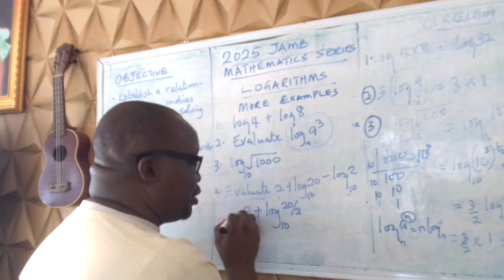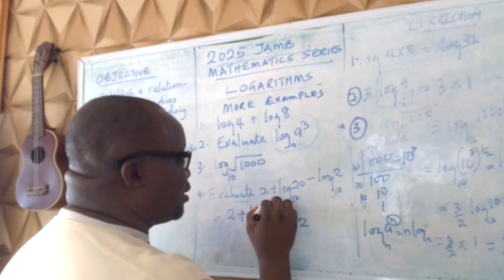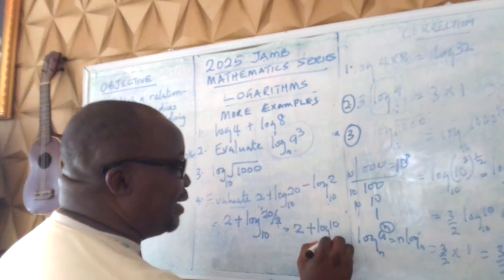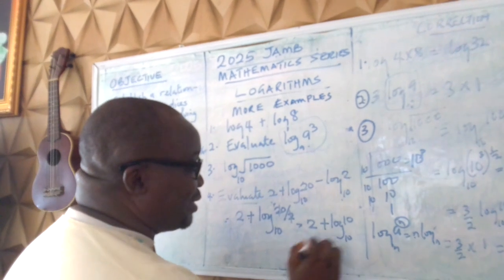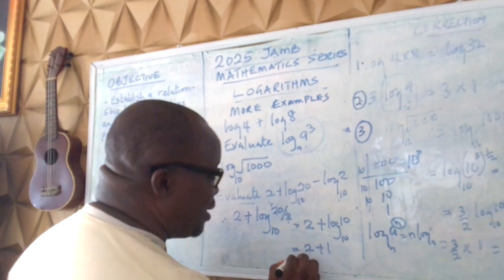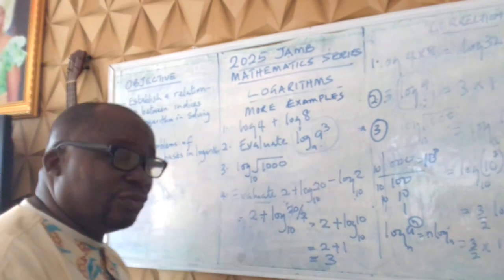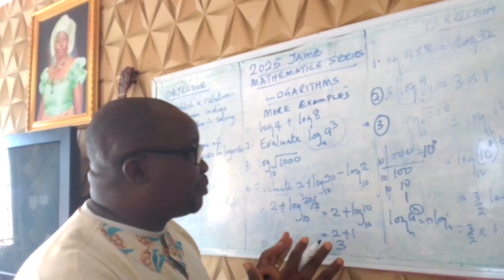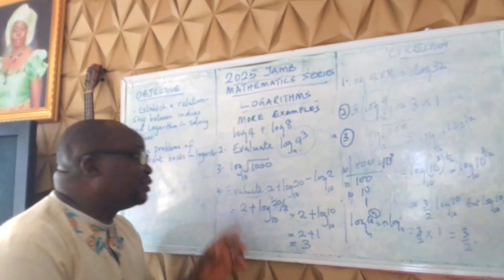So that continues here. I have my 2. When 2 cancels 2, it gives me 10. So I have 2 plus log 10 base 10. Log 10 base 10, of course, we know is 1 because they are the same base. So it has 2 plus 1. The answer to this question will be what? 3.